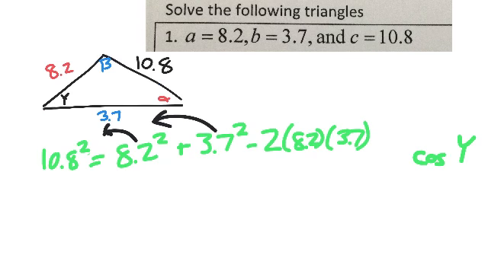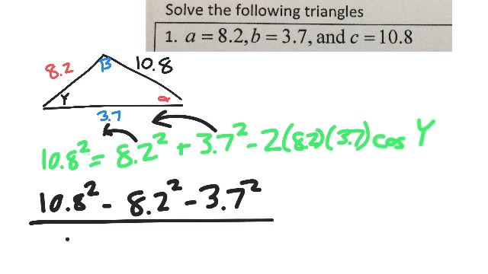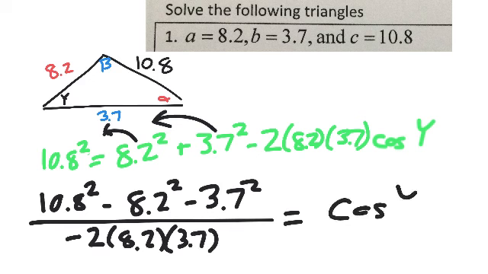So what it's going to look like in my calculator, I'm going to have 10.8 squared minus 8.2 squared minus 3.7 squared. And then I have to divide all of this by negative 2 times 8.2 times 3.7. And so that would be equal to cosine of gamma. But I don't care about cosine of gamma. I want to know what gamma is. So I'm going to take an inverse cosine of both sides.